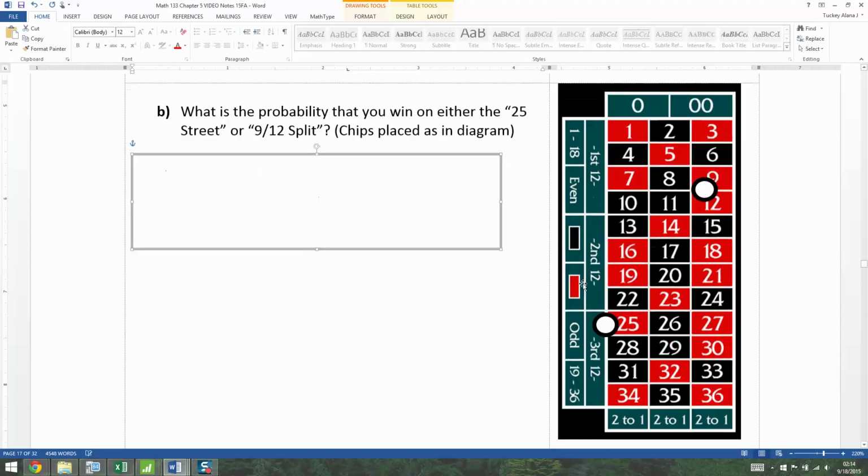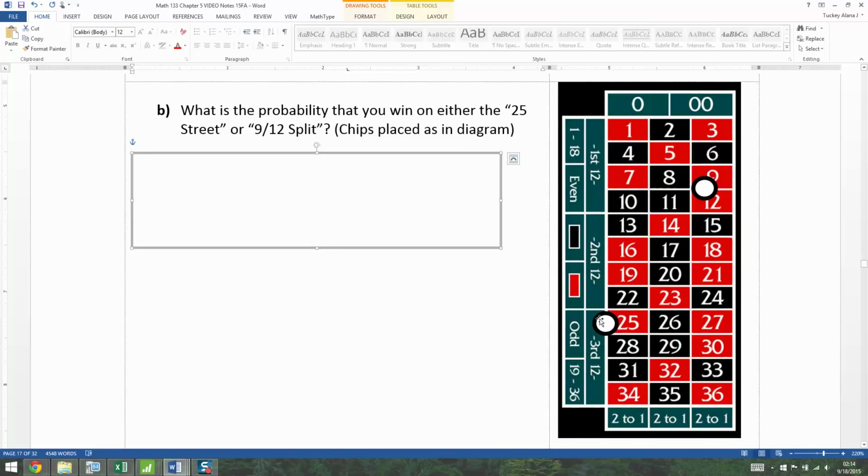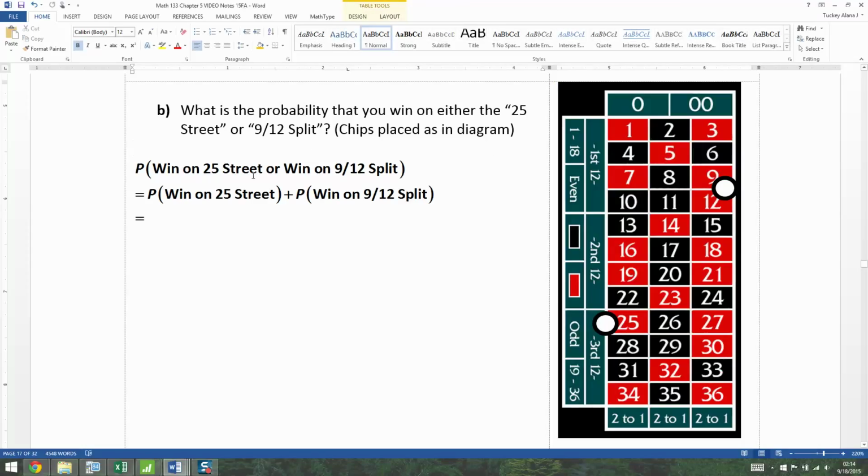You're betting on the 25 street, and you place your chip right here on that line for the 25, the left side line, and that means you're betting on all 3 of those numbers, 25, 26, 27. Then you're also going to bet over here on the 9-12 split. So you're going to place your chip, we're just betting single chips, right there on 9 and 12. Okay, so I want to know what's the chance I win on the 25 street or the 9-12 split.